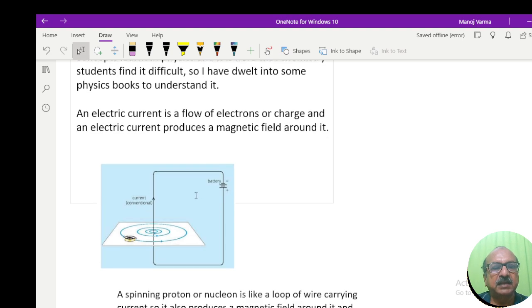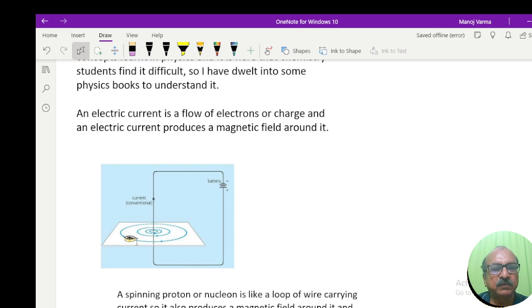I've taken here a diagram from the class 10 physics, and it shows a conductor through which a current is passing from a battery, and this is the direction of the current, and this is a metal conductor.